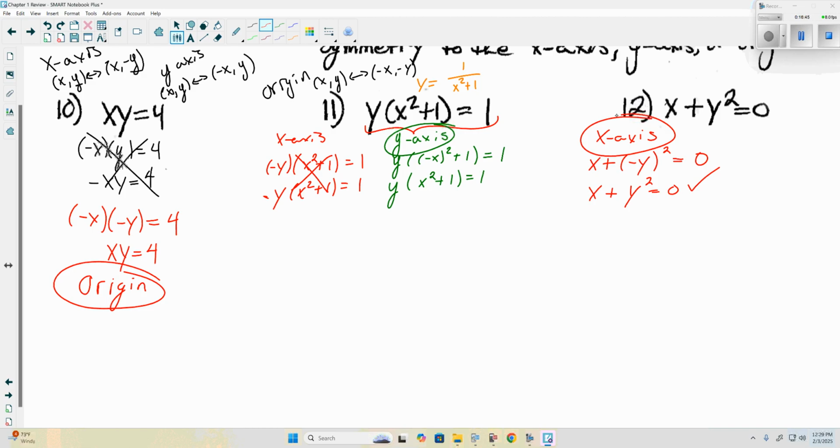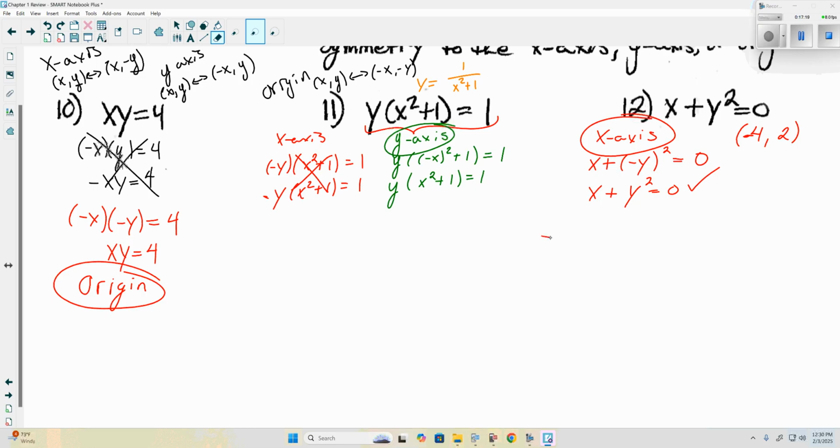Because again, all this is saying is that for this last one, if the x value is negative 4, the y value should be 2.